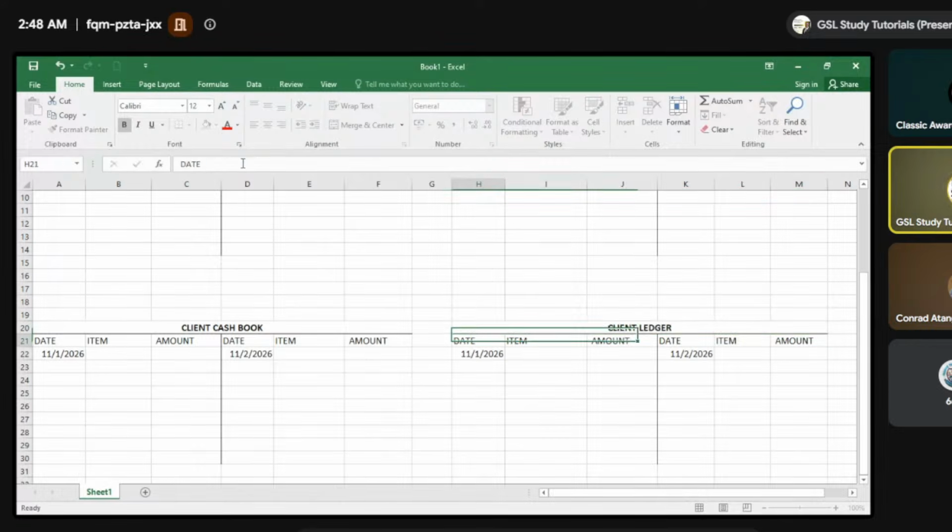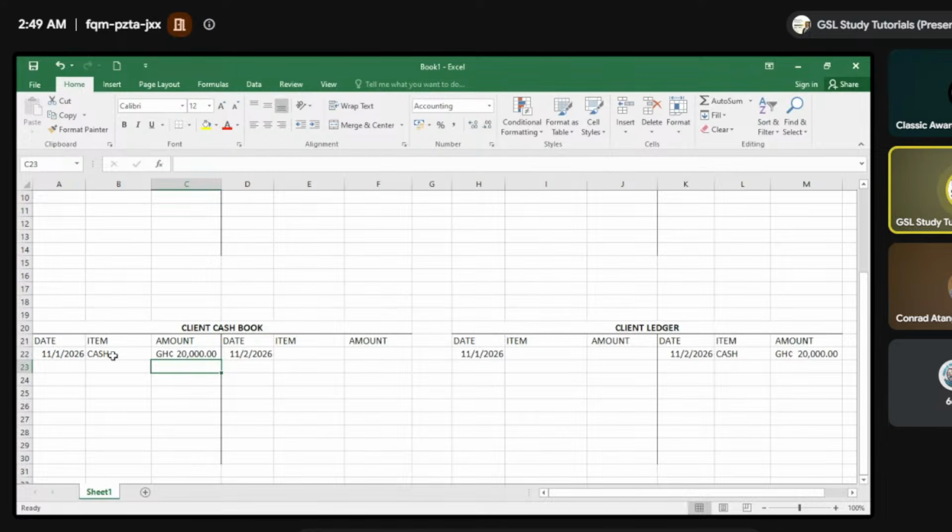Good. So the rule says we have to credit. So the item is cash. The amount is 20,000. Then we'll come here. That means we'll debit here. Cash, 20,000. Good.